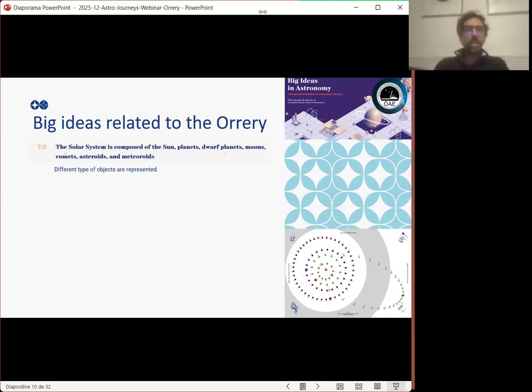So the big ideas, what do we have when we use the orrery? Obviously we have the different types of objects. One advantage compared to a classic lecture about astronomy in school is that we don't talk only about planets, but you can talk about comets, asteroids, meteorites.